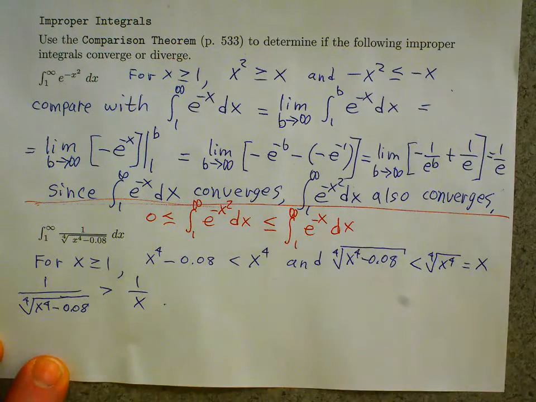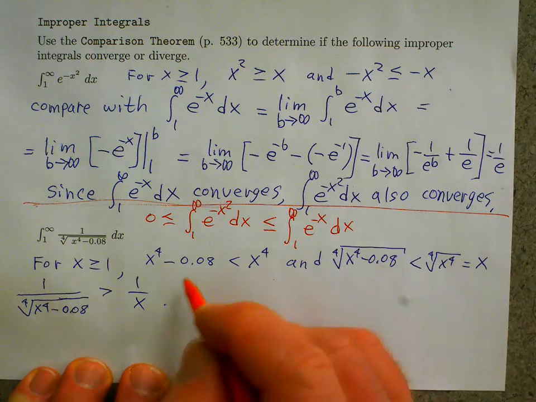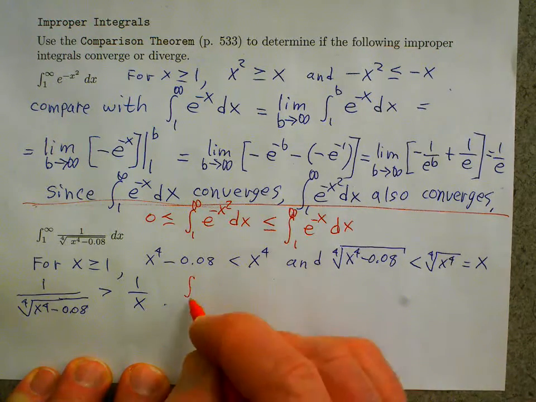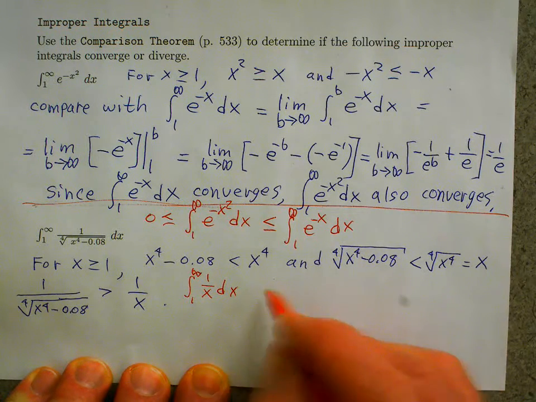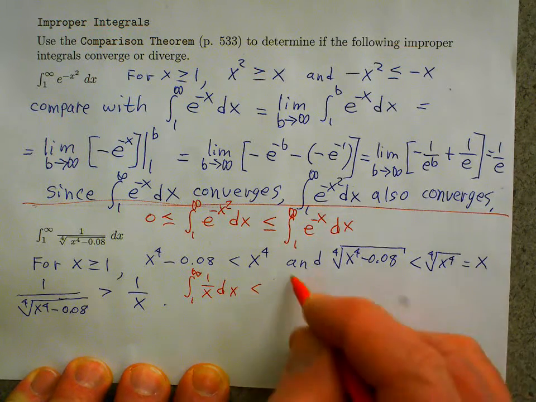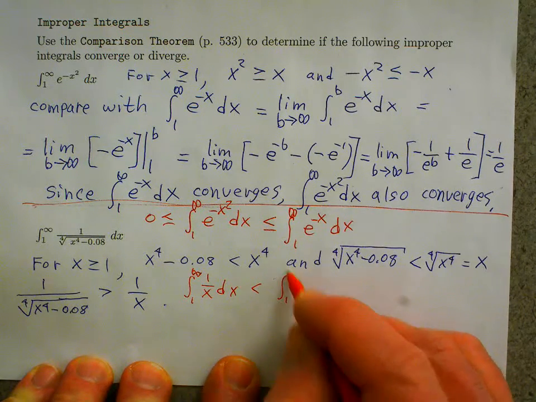So this means then that the improper integral of 1 over x from 1 to infinity has to be less than the other improper integral from 1 to infinity.